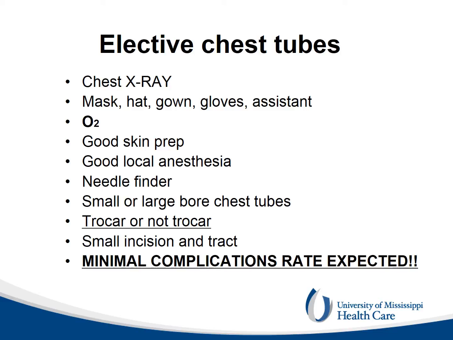It is important to use a 22 gauge needle finder to precisely localize the air or fluid. Small or large bore chest tubes, trocar or non-trocar chest tubes can be used. A small incision and tract are recommended. Minimal complication rate is expected.